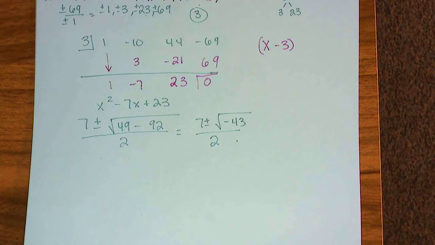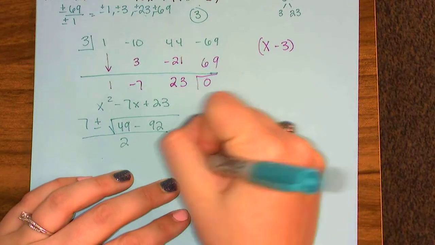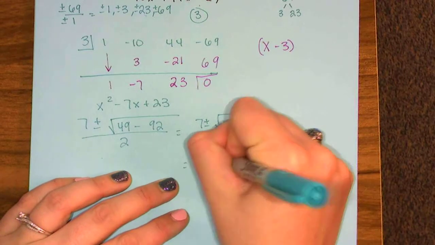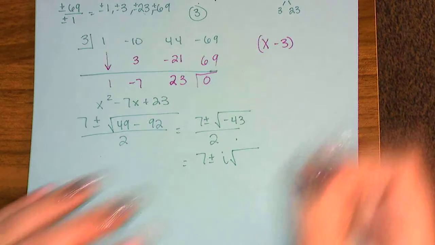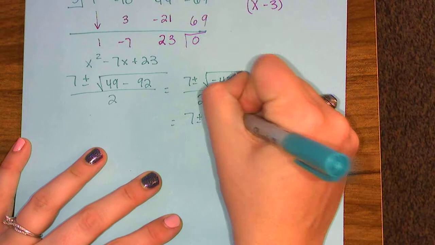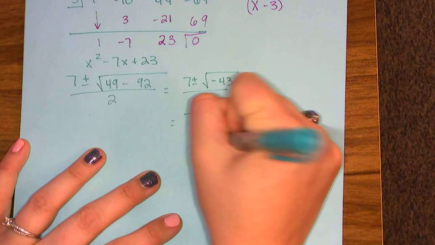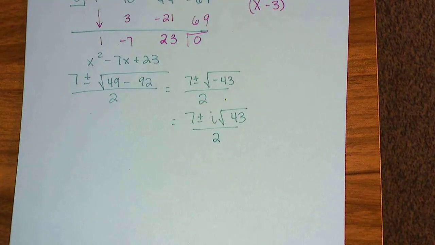So what do I need to do with that then? Take out an i. So this is 7 plus or minus i. Can anything come out of 43? So now this gives me my other factors, right?